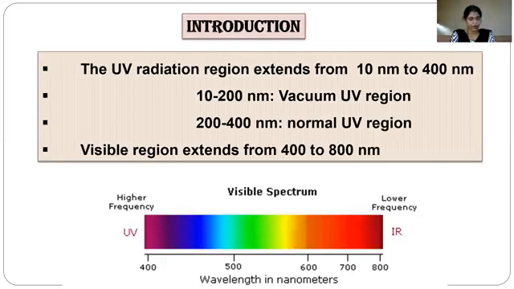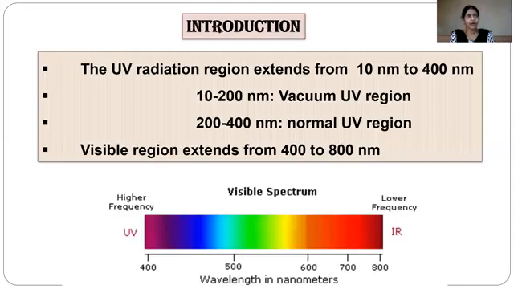From 435 to 500 indigo, 500 to 520 blue, 520 to 565 nanometer green, and 565 to 590 nanometer yellow. 590 to 625 nanometer is orange, and 625 to 780 or 800 nanometer is red.